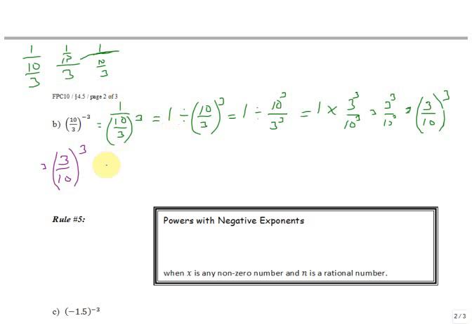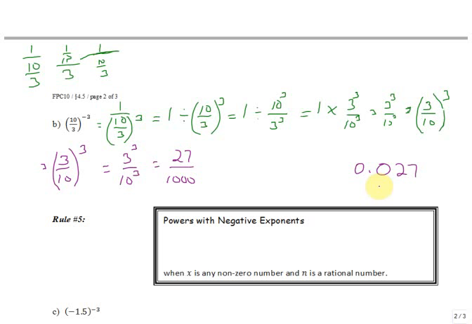Pretty cool, huh? Okay, now I can simplify it. So this becomes 3 cubed over 10 cubed, which equals 27 over 1,000. Now, I really want you checking these, so I'm going to show you checking this again. I get my calculator, I go 27 divided by 1,000, and I get 0.027.